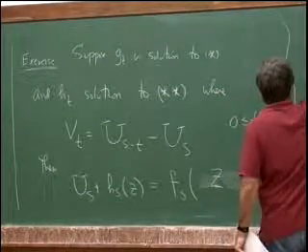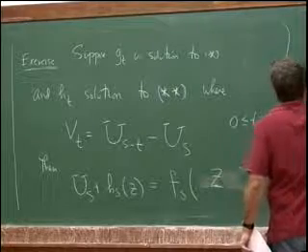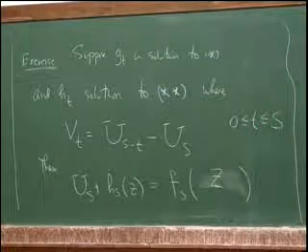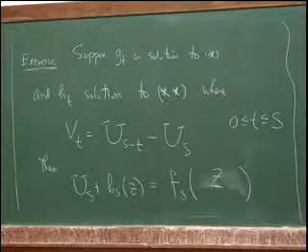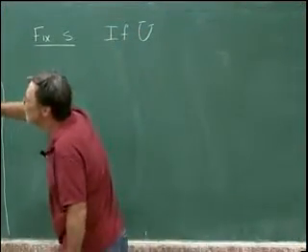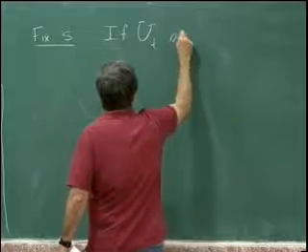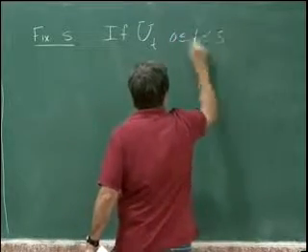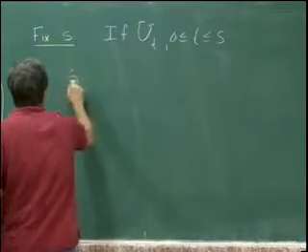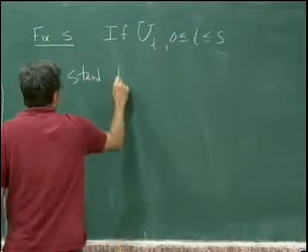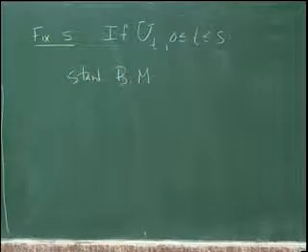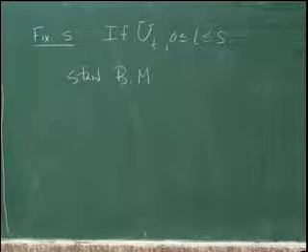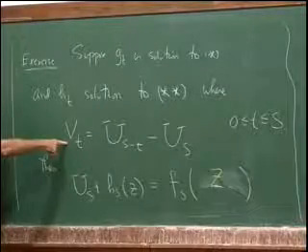So if we fix an s, and if u_t, 0 less than or equal to t less than or equal to s, is a standard Brownian motion, then so is V_t.